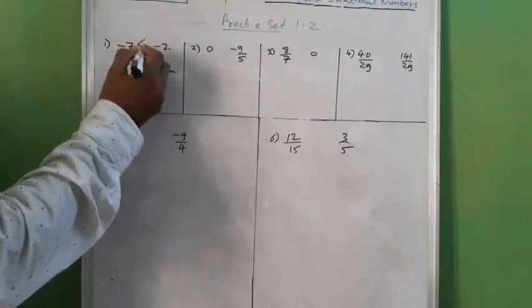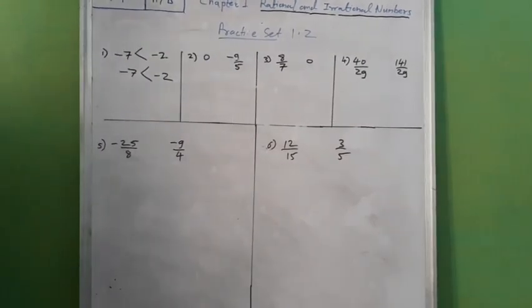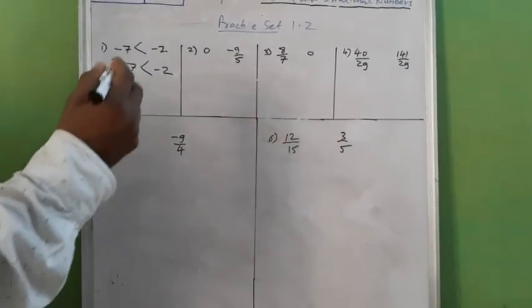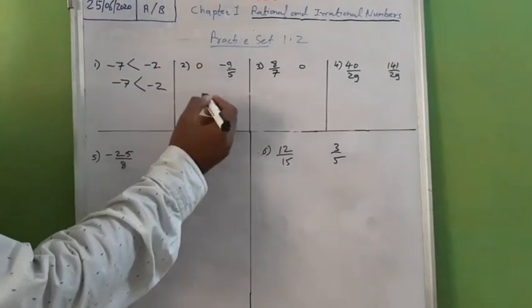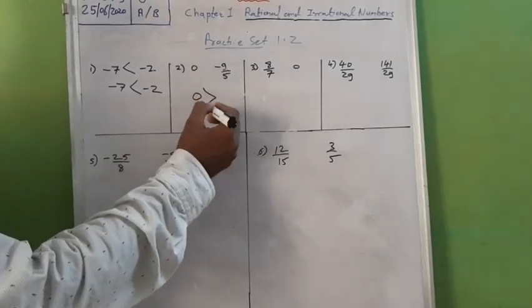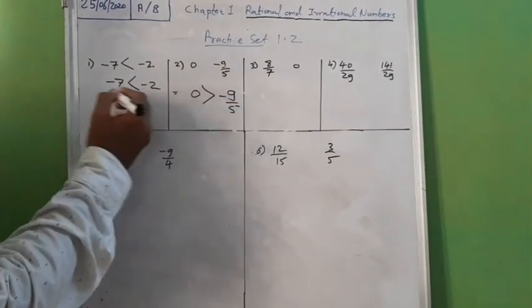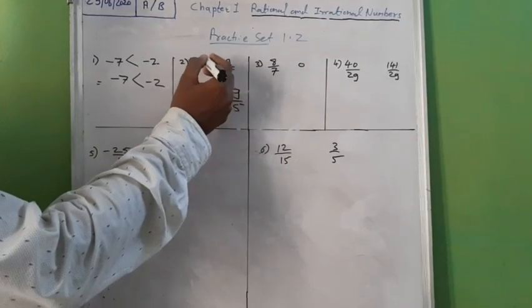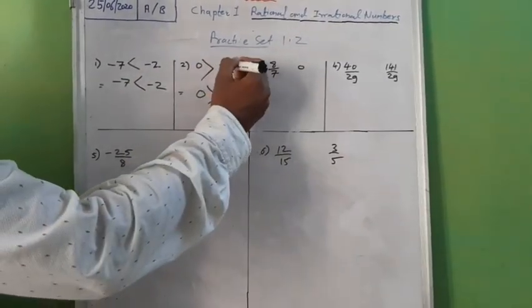Therefore, I write here minus 7 less than minus 2. On the number line we also know that 0 is always greater than a negative number. Here I write 0 greater than minus 9 upon 5.